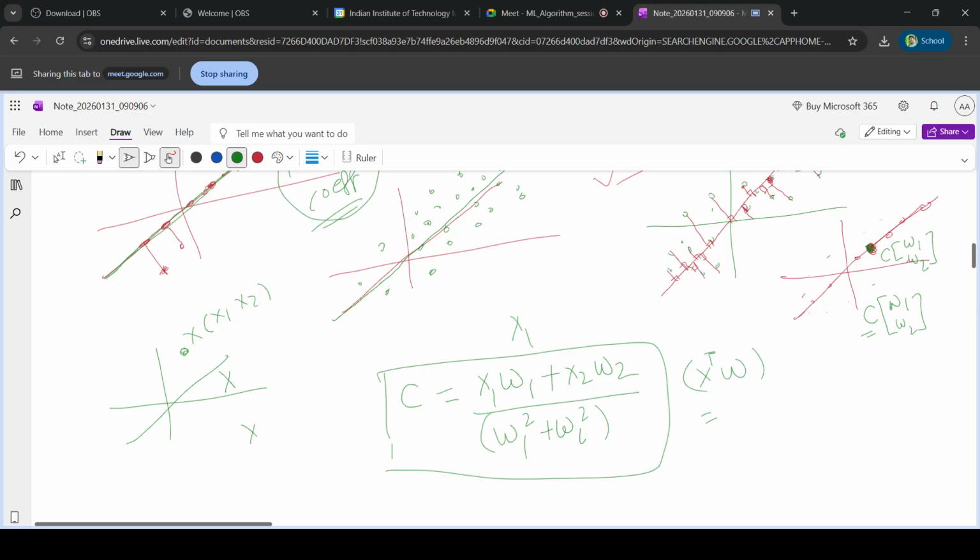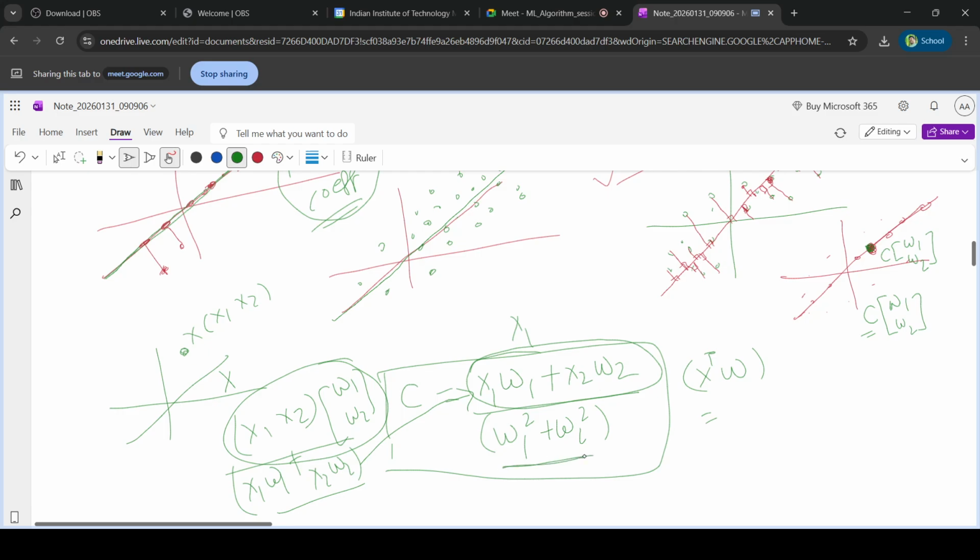You will get this numerator value: x1 w1 plus x2 w2, that is what you are seeing here. This is just the inner product of x1 x2 and w1 w2. This is a simple inner product.